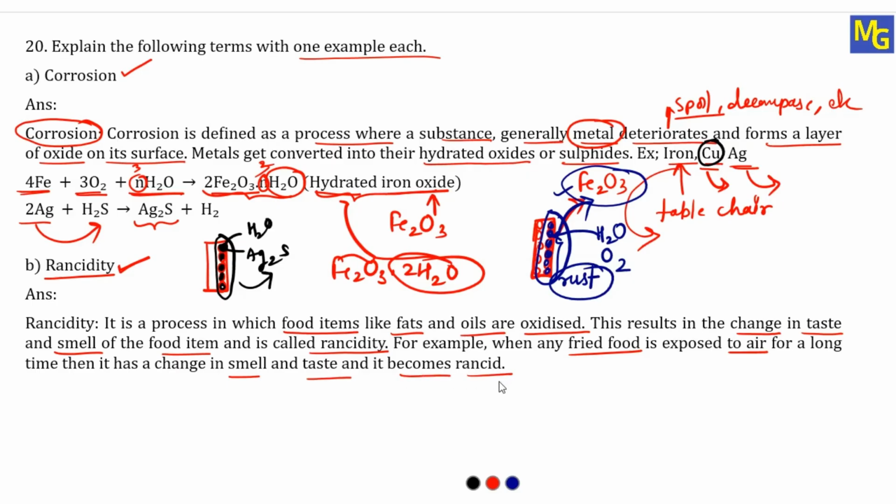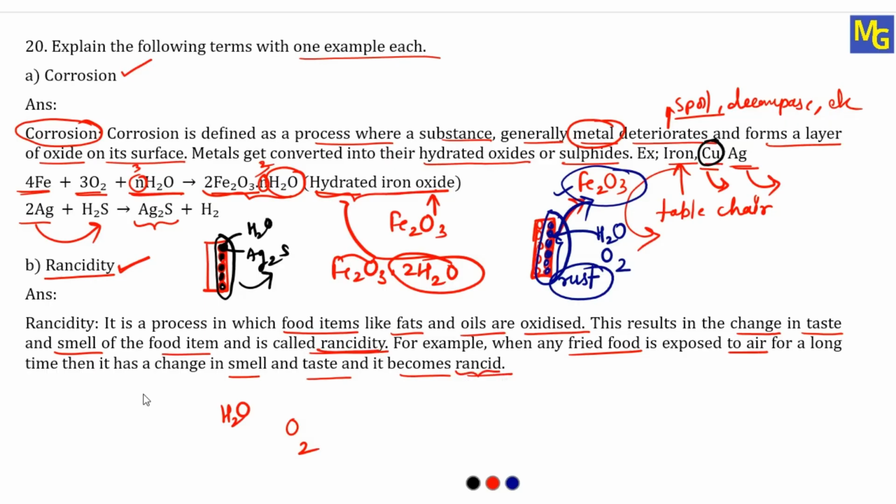If you imagine potato chips which are fried, it means there is oil. And if you keep these potato chips open for many days, for a long time, then they will react with the atmospheric oxygen or the water vapors and the smell or the taste becomes different. It changes, and that is nothing but the chips have become rancid, or the process is called rancidity.